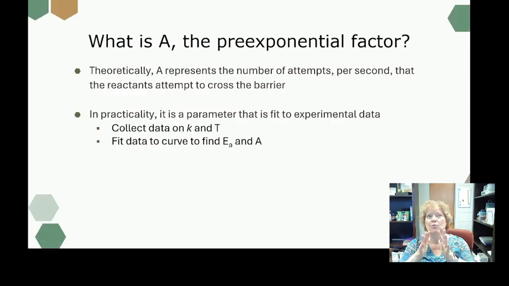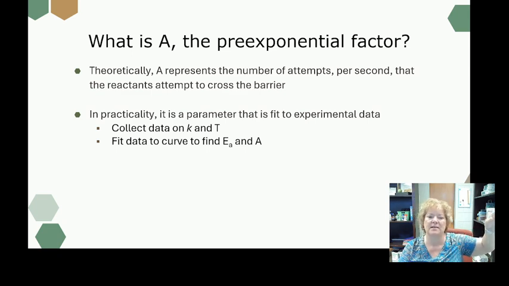All right, so what is A, this constant that comes in front? Kind of complicated. It's actually two parts to it. What I want you to know, theoretically, A is about the number of attempts per second that the reactants attempt to cross the barrier. So how many times does it collide? But also there's an orientation factor: are they in the right orientation, and then do they have the right energy?